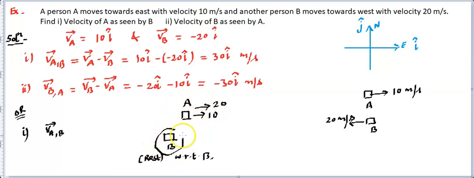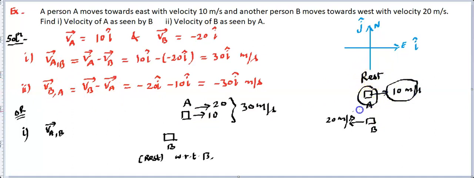Give the velocity of B to A by changing its direction. So first change its direction and give, if you add them up, that becomes 30 meter per second. Moreover, its direction is this. So you can get your answer as 30 meter per second towards east. That's what this is. Similarly, can you justify the second part by using this? If you are going to justify the second, you need to come to with respect to this. So it will be momentary, this will be at rest.